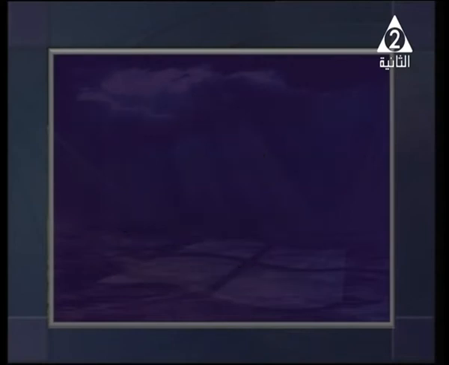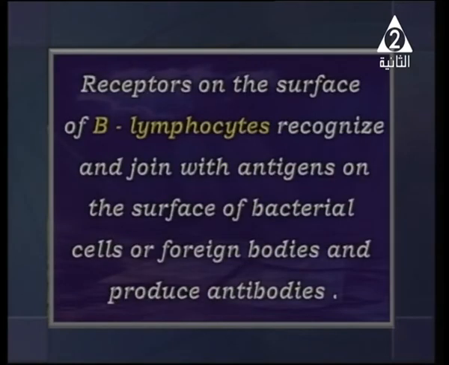After that, the receptors found on the surface of the B lymphocytes in your body are a group of receptors that are spread over the cells of your B lymphocyte. What are they doing? They want to collect some information, so they recognize and join with the antigens on the surface of the bacterial cells or foreign bodies.